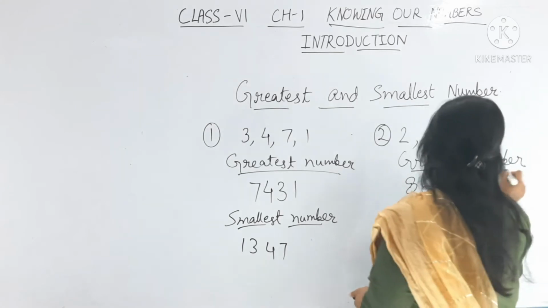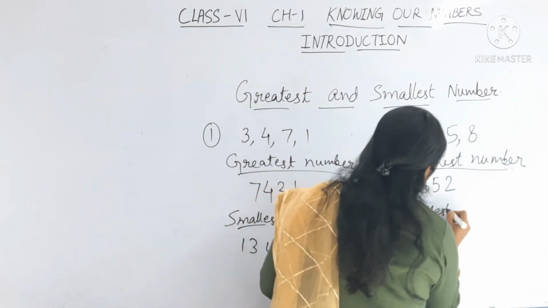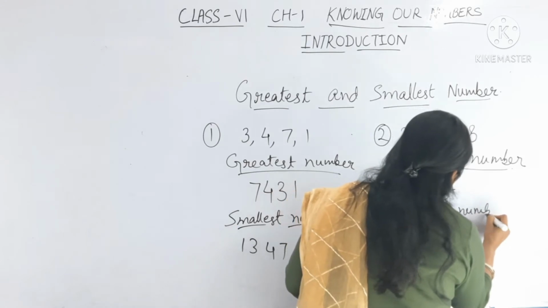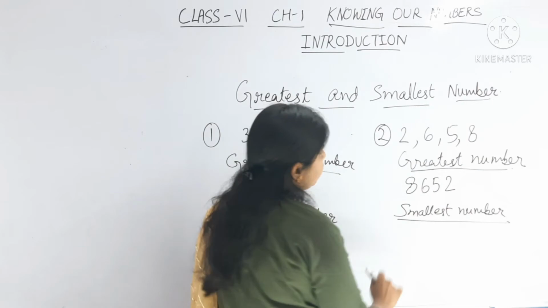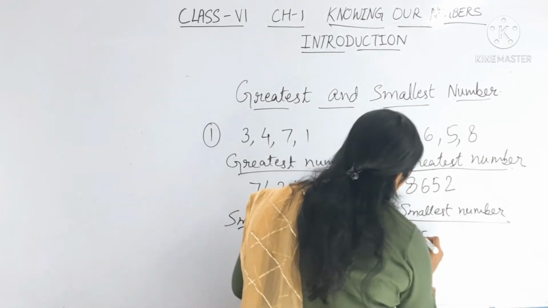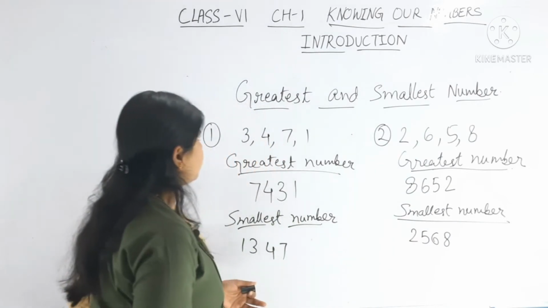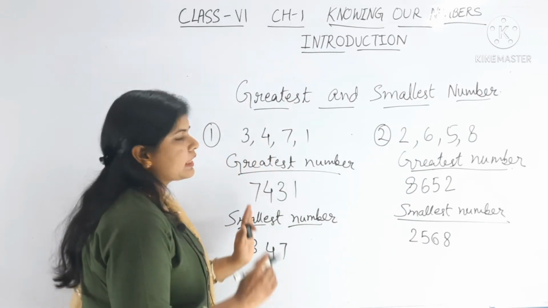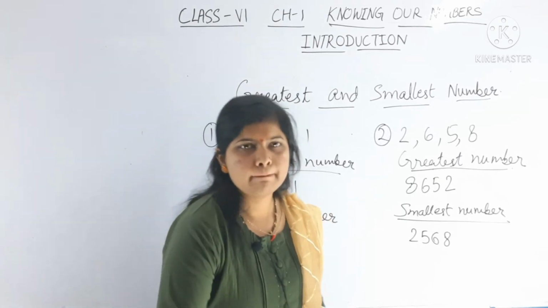This is the greatest number. And for the smallest number, the order of digits should be ascending, that is 2, 5, 6, 8. So like this you can make the greatest and smallest number from these digits, right?